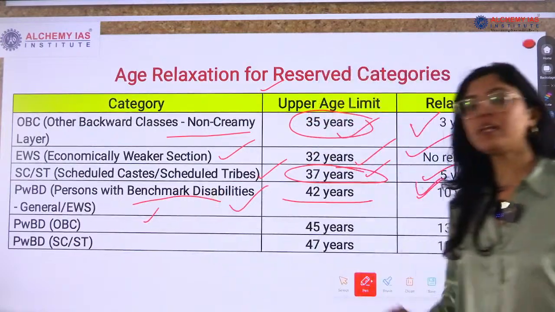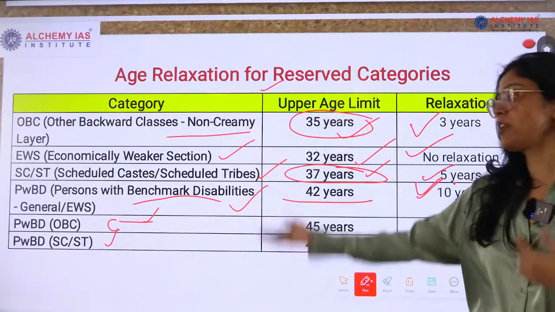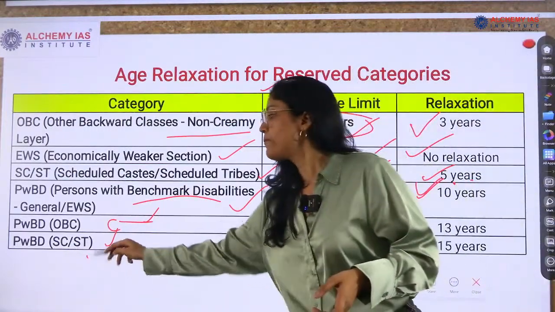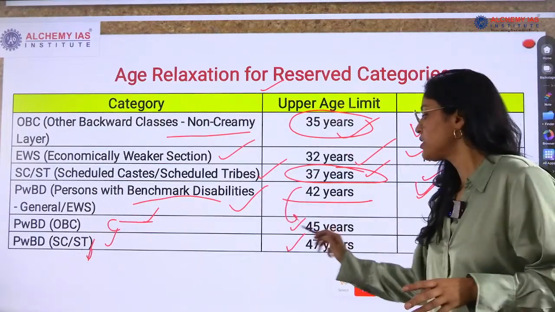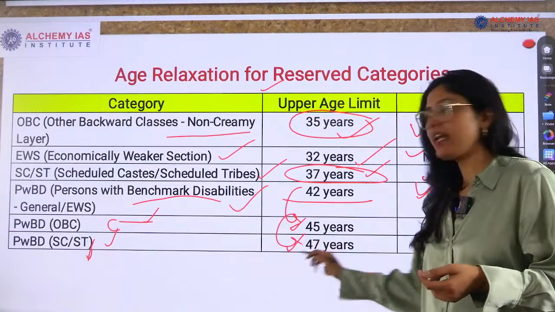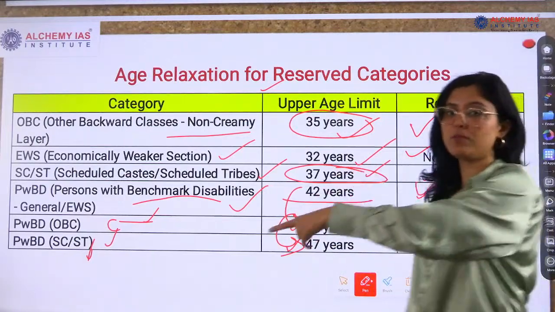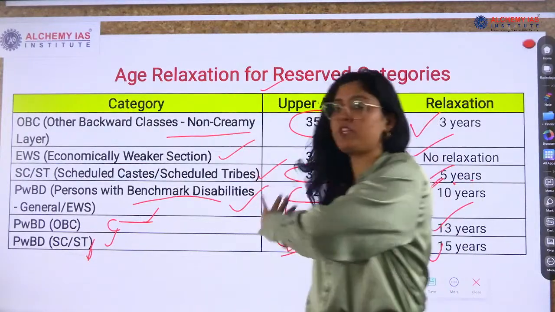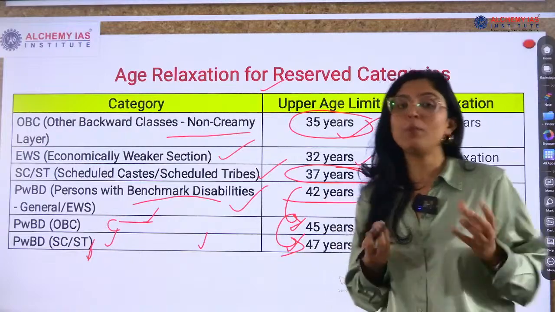Next is PWD. OBC has also different relaxation, and under PWD SC ST also has different kind of relaxation. So in their case 3 more years are added, and in their case 5 more years are added, which becomes 13 years for OBC and 15 years for SC and ST under PWBD category.